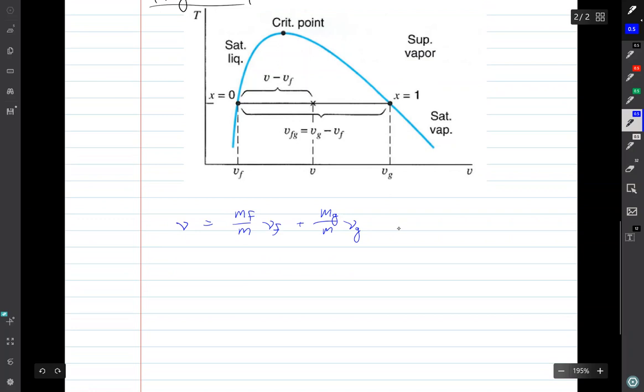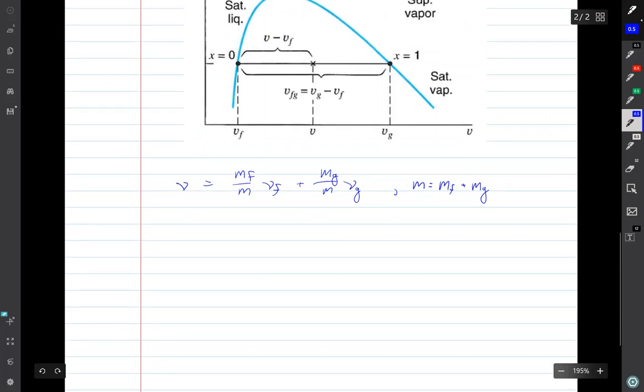But we already know that the mass is equal to the mass of the liquid plus the mass of the gas phase. So we can just write this as m_f over m_f plus m_g, and so on.